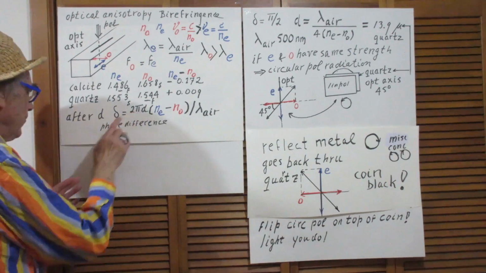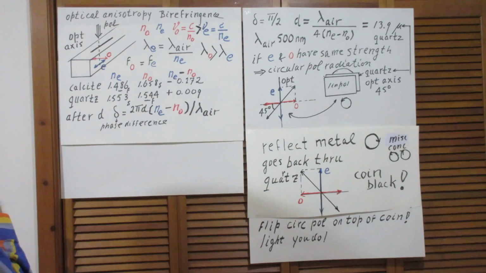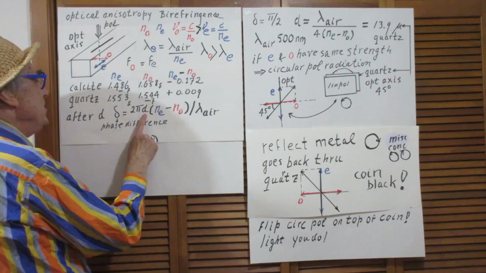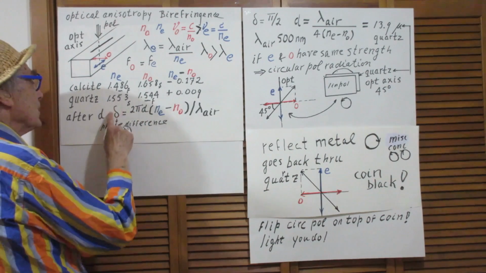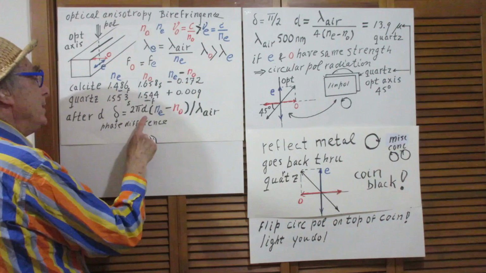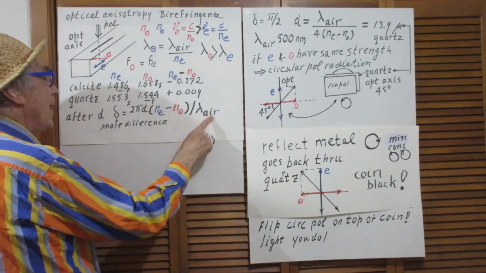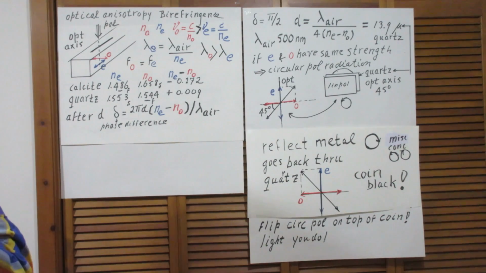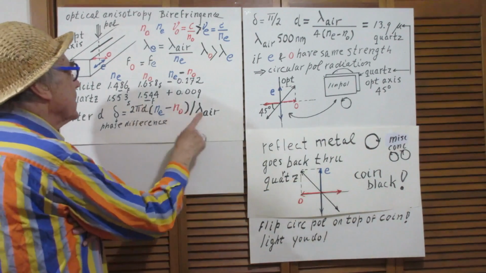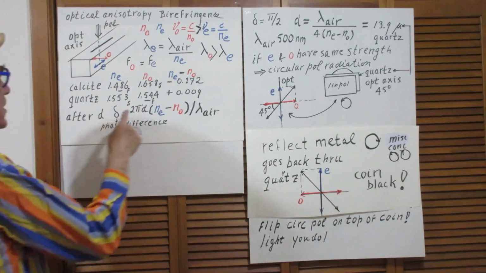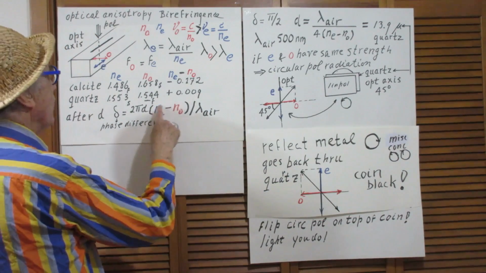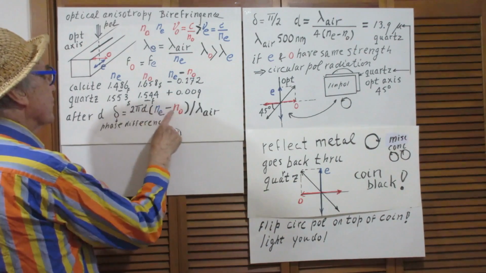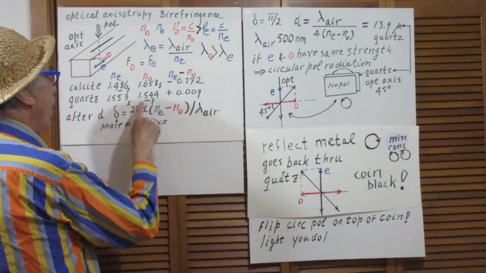And it shouldn't be too difficult for you to show that if the thickness of the plate is d, then the phase difference between the two waves is 2 pi d times (N_E minus N_O) divided by lambda air, the wavelength in air. Suppose d was the same thickness as lambda air. This is about, for quartz, about 1/100th. So then, the phase difference would be about 1/100th of 2 pi.